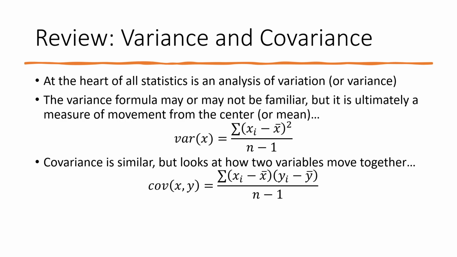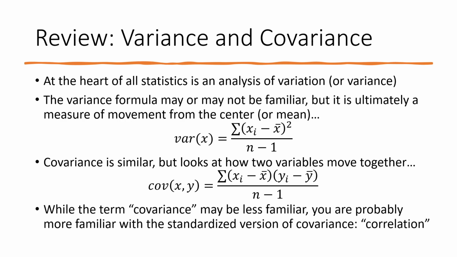While this formula might not look particularly familiar to you, you're probably familiar with the standardized version of this, which is called a correlation. Depending on the method, we can use covariance and correlation, not quite interchangeably, but as two options for calculating things. One of the reasons we prefer covariance is because from covariance, we can calculate a correlation, but from correlation, we can't necessarily calculate covariance.